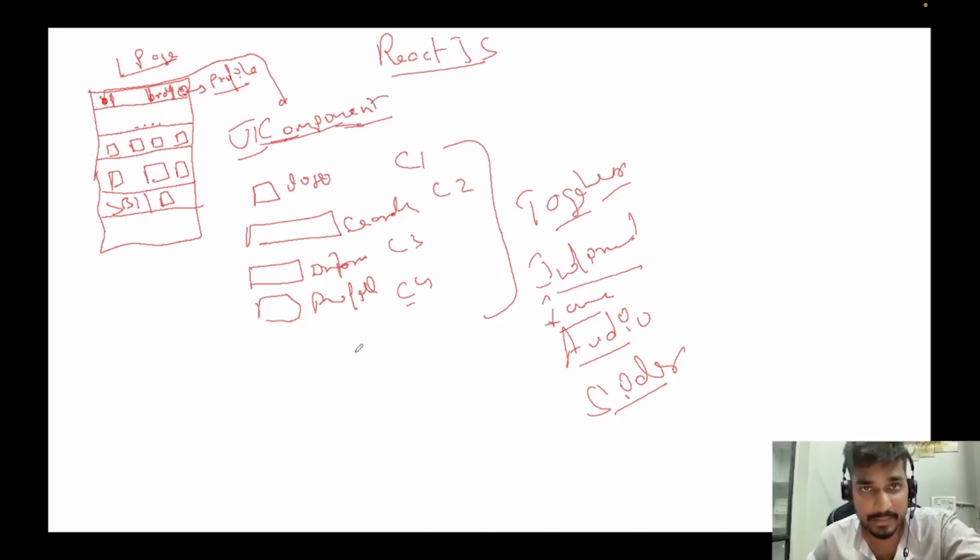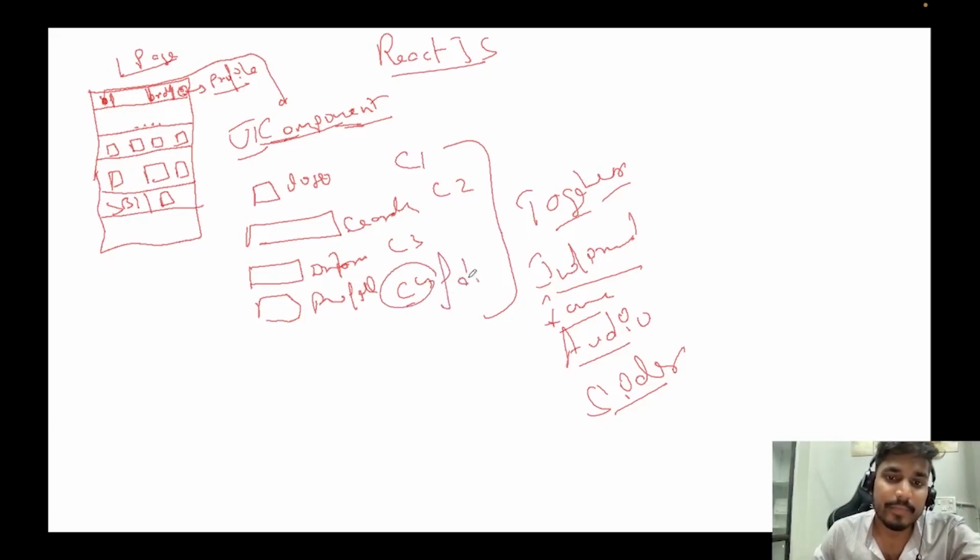The major advantage that this component based architecture gives us is, let's say C4 fails, which, for a company like Amazon, is very rare. But for a small company, if any one of the components fails, the whole page is not down.